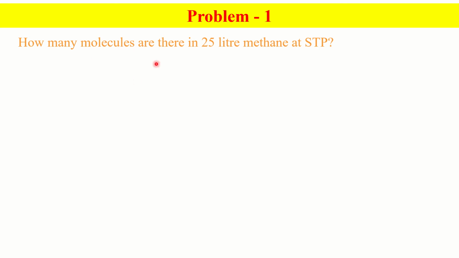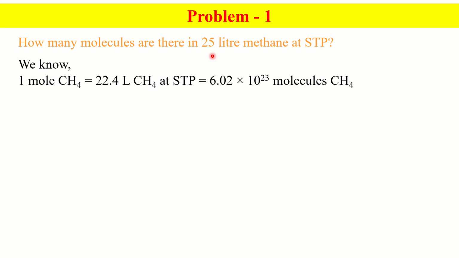Look, here you have to calculate the number of molecules in 25 liter methane. So the number of molecules and the volume of methane both are related with mole. So we can write 1 mole methane equals 22.4 liter methane at STP equals 6.02 into 10 to the power 23 molecules methane.